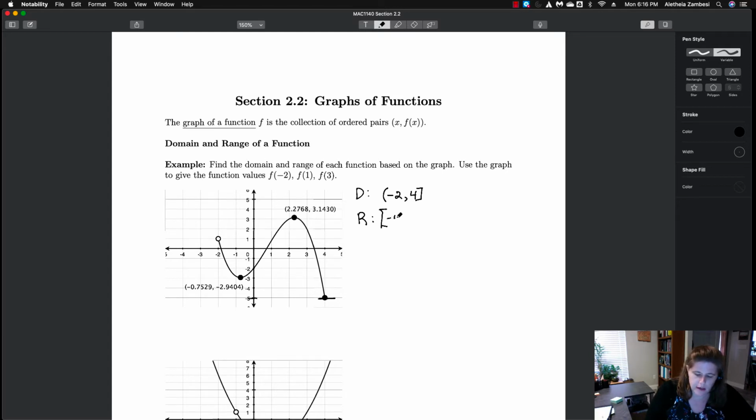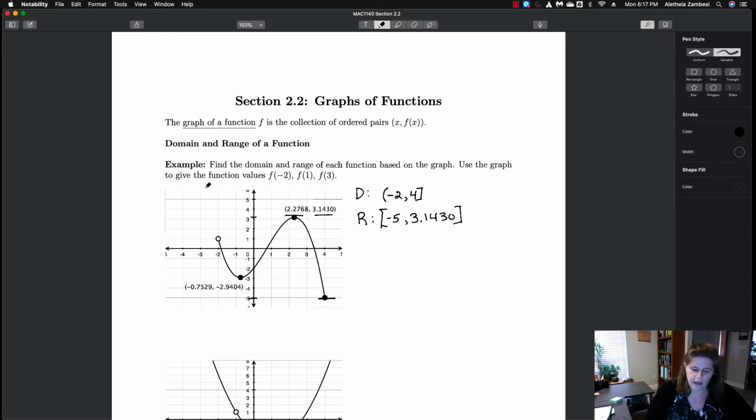Now it includes that value, so I'm using a square bracket. Moving to the highest value of y that we attain, it doesn't correspond with a nice 3, but handily we have the ordered pair here. So it goes to 3.1430. Also inclusive because we have a closed circle.